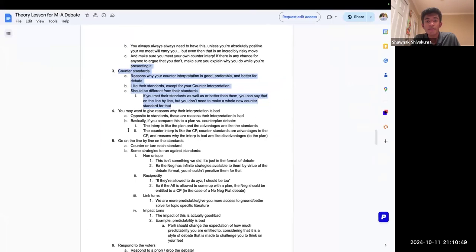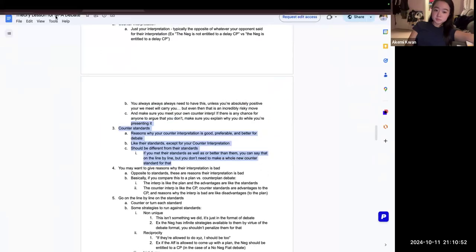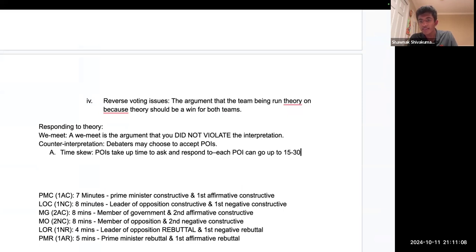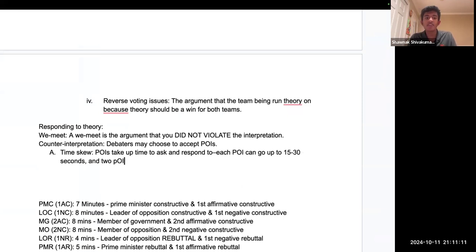Yeah. Wait, can you then give an example? Yeah. So in debaters may choose to accept POIs, one is time skew. POIs take up time to ask and respond to. Each POI can go up to 15 to 30 seconds, and 2 POIs would mean a full minute of my speech is wasted.